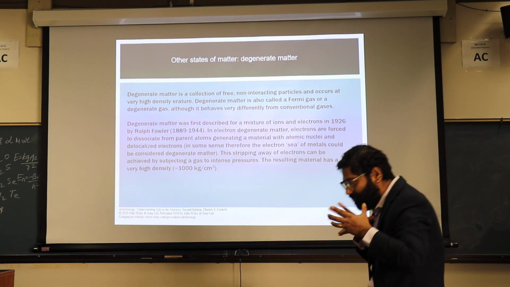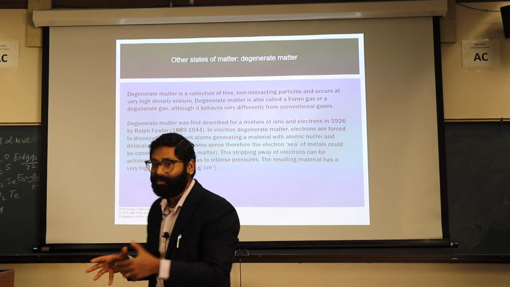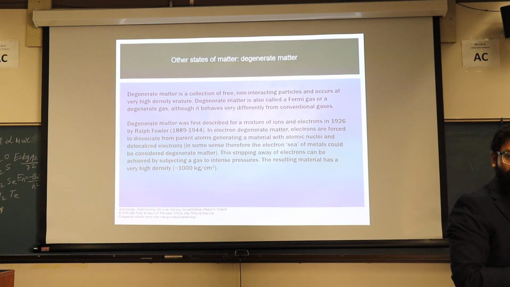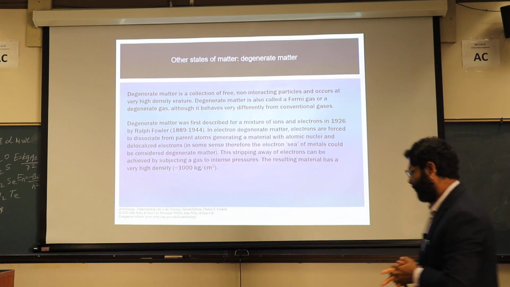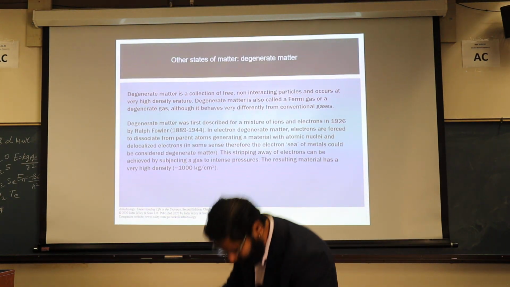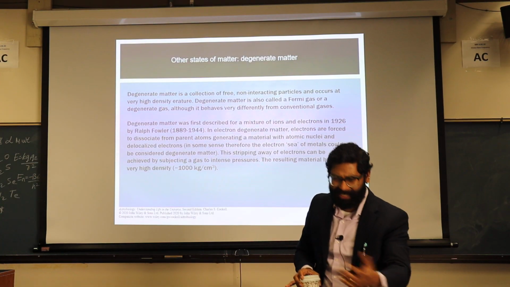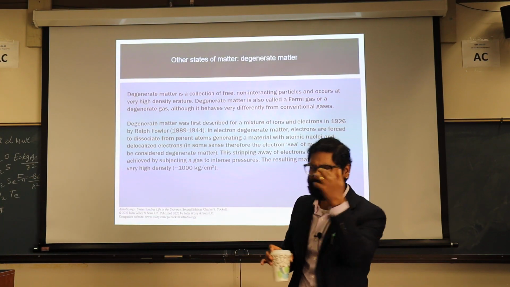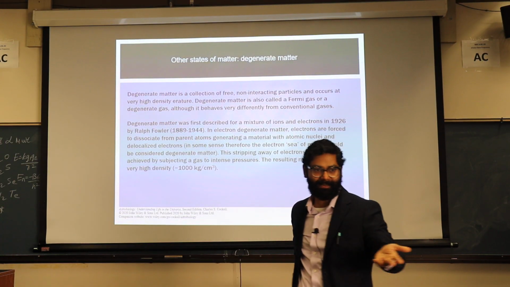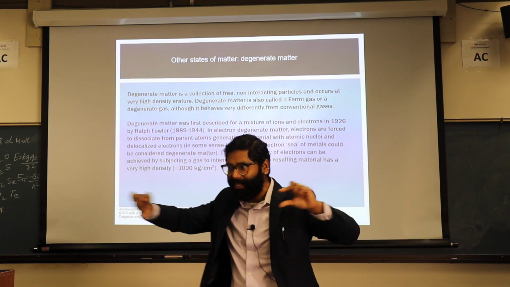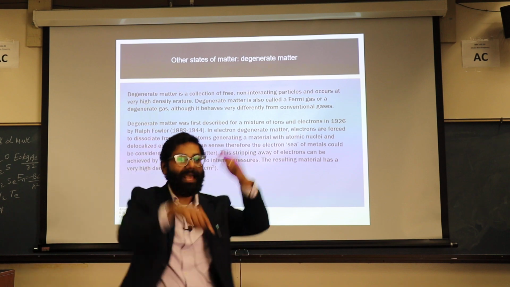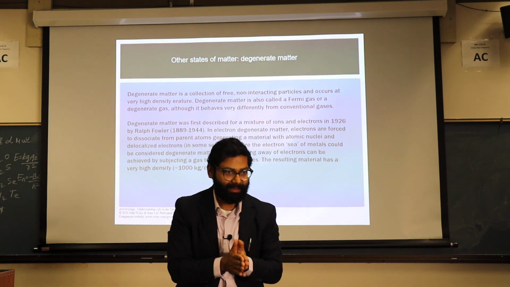When you subject an atom to high pressure, what do you think is going to happen? Think about these processes. When you're just pushing something in, what will happen to the atom, to the electrons, to the neutrons? It will get condensed. So we saw in the SPDF configuration that all these electrons were happily residing in these different orbitals.